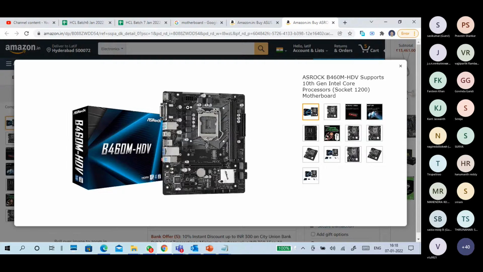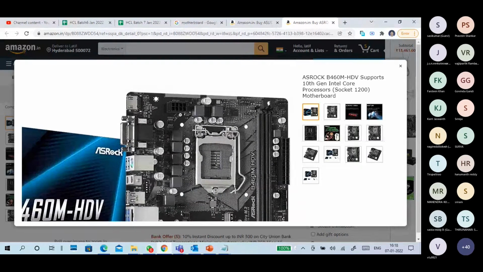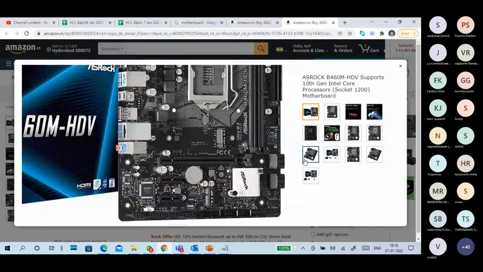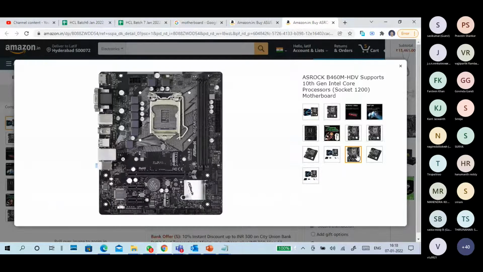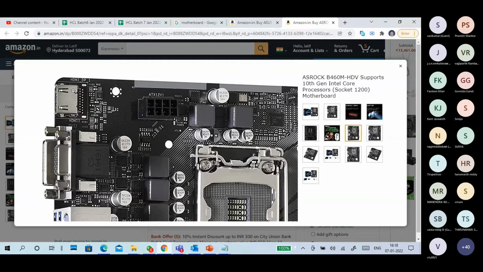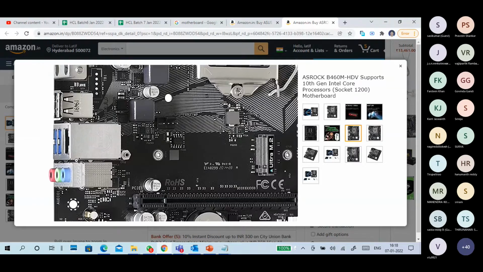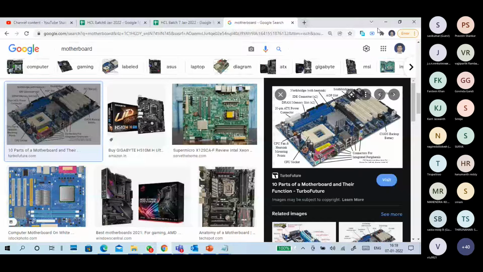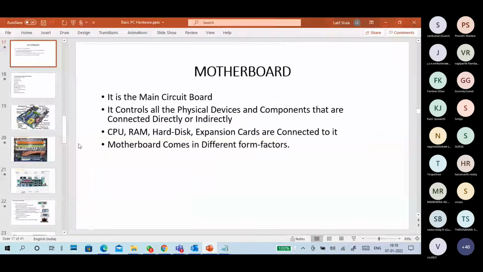This is an 8 pin connector. Okay, like this. So this is about a motherboard.